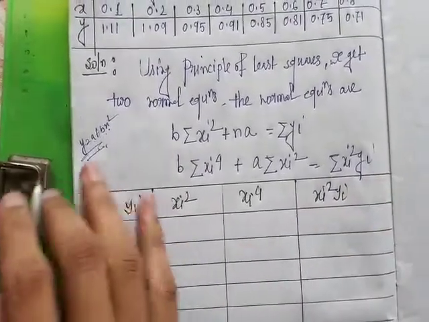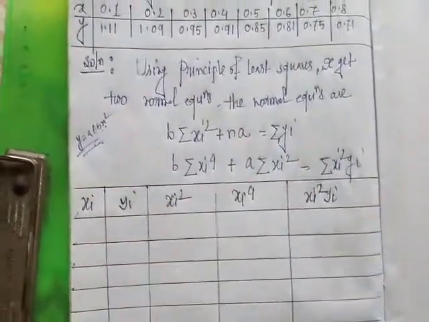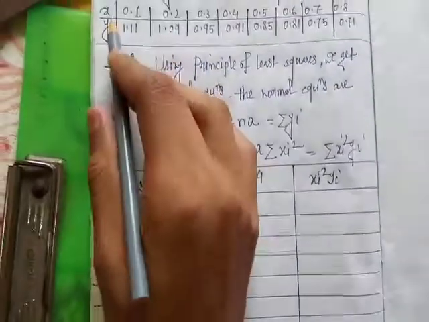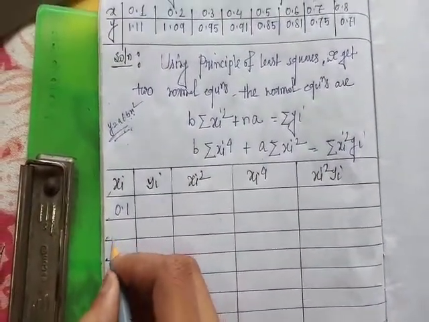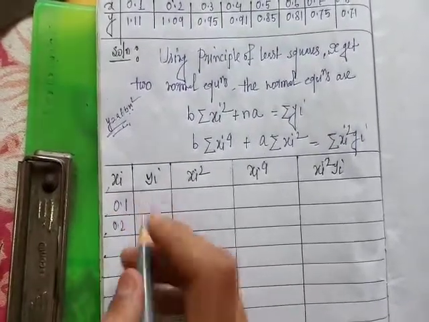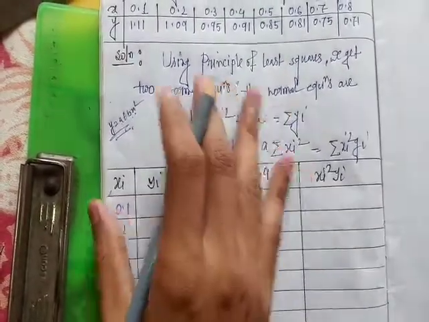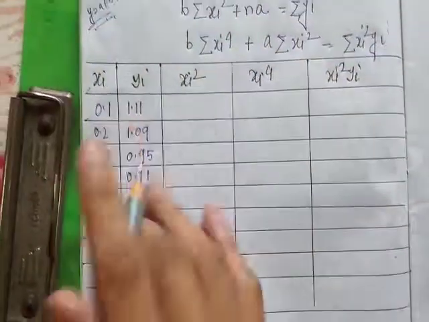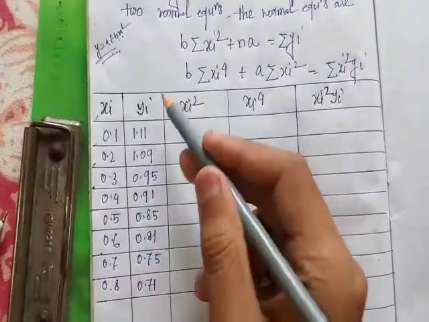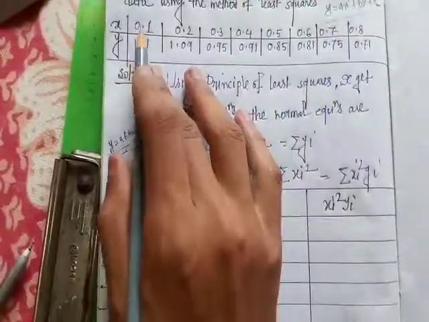Putting the values of x and y: 0.1, 0.2, and so on.